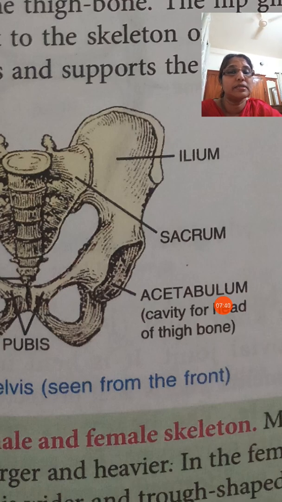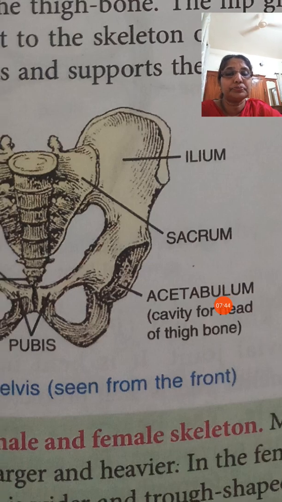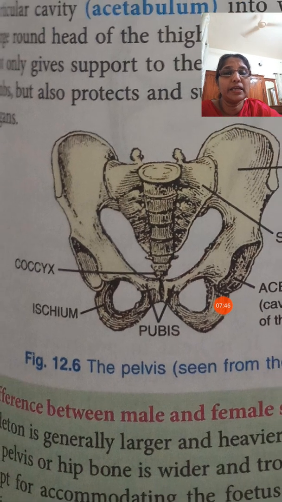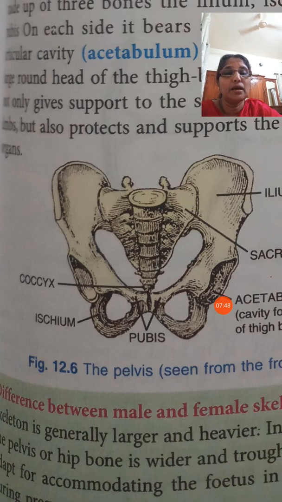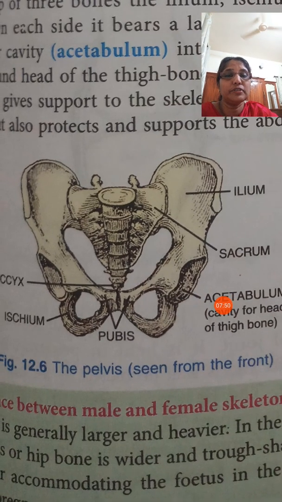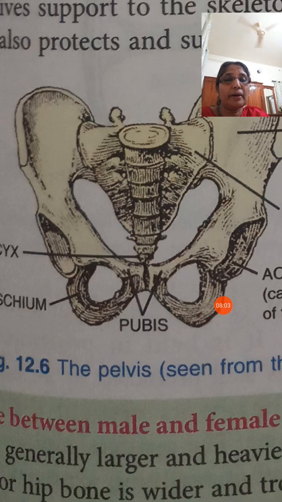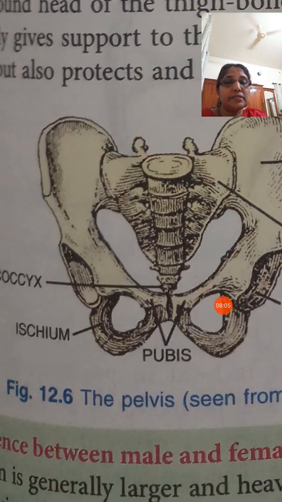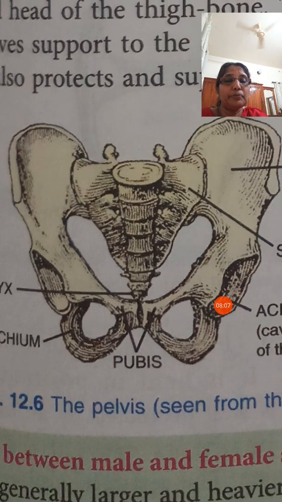There are mainly 3 bones in the hip girdle. The first one is the ilium, the largest bone, a cup shaped region. Then you can see the ischium, and the middle part is the pubis.